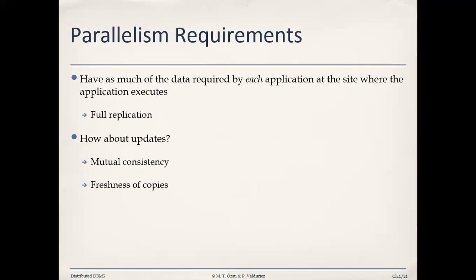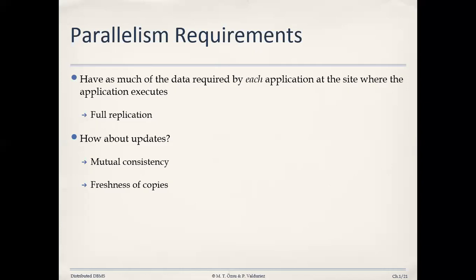Okay. How much of the data is required? The requirement means to have as much of the data required by each application at the site where the application executes. That is the key.